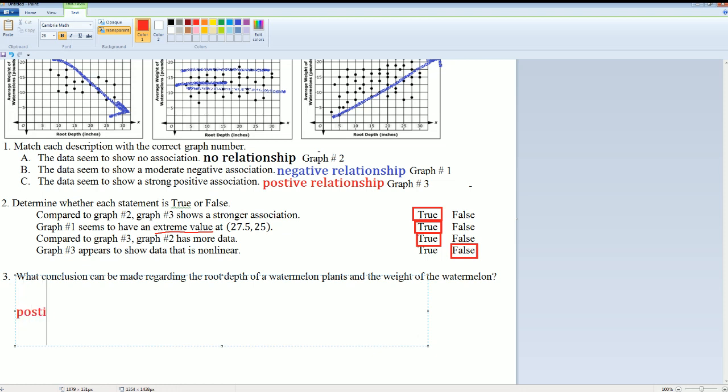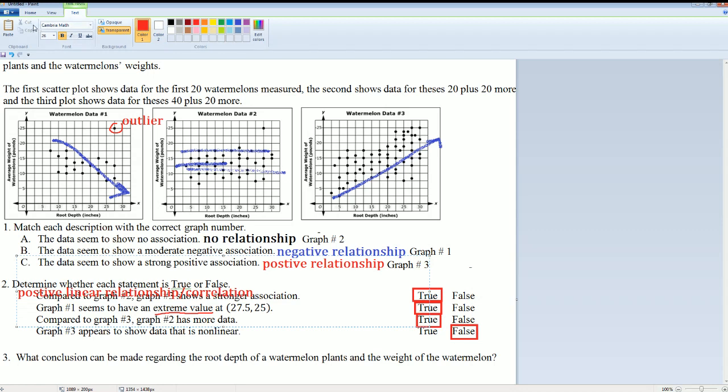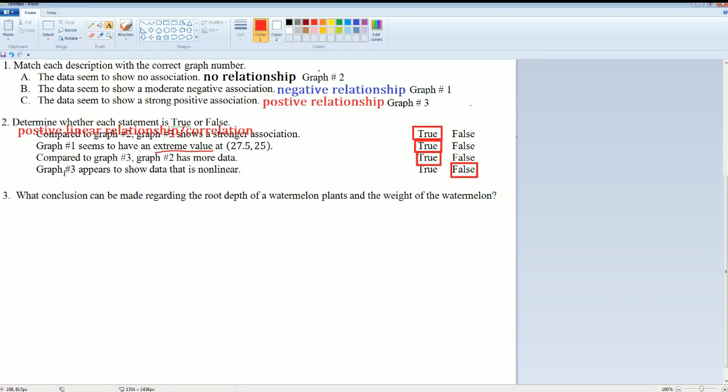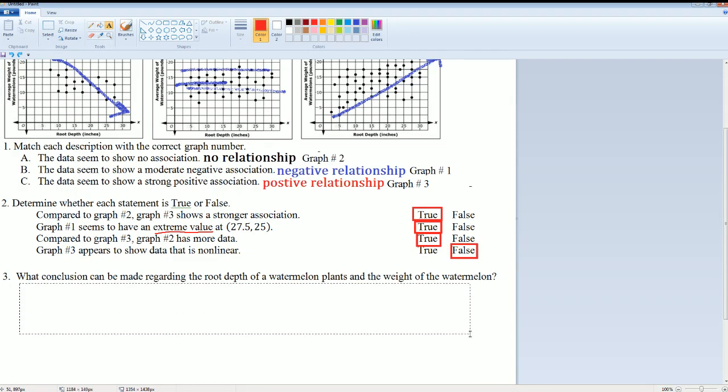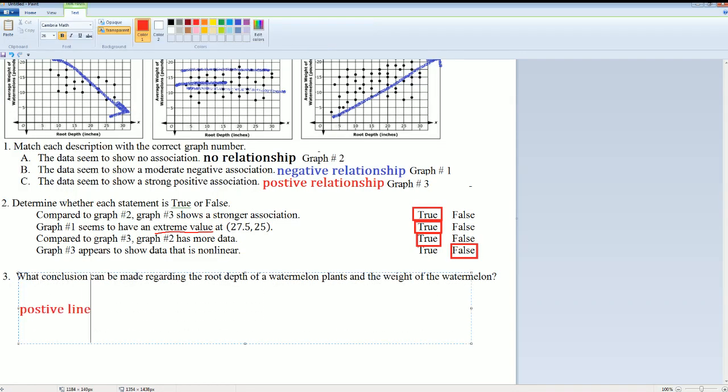So we would say it has a positive linear relationship, or you could use the word correlation. So we would say it has a positive linear association or relationship.